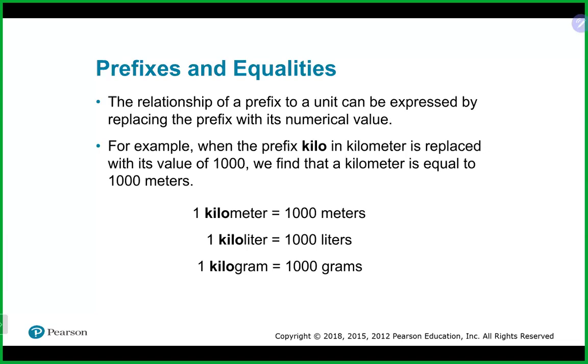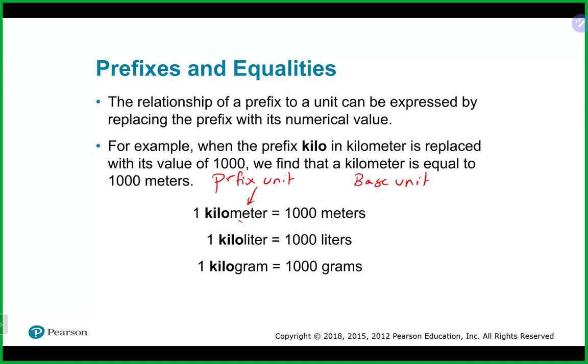Now, when we talk about prefixes, we sometimes refer to it as a prefix unit. And those are all the ones here that obviously have, in this case, kilo in it. The base unit is the unit that you see on both sides of that equality.